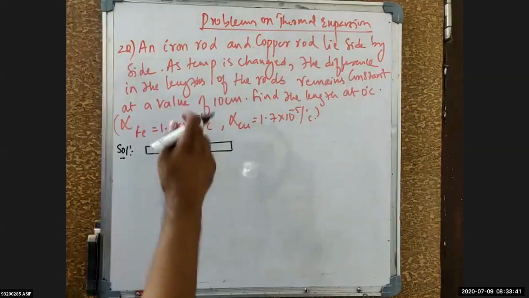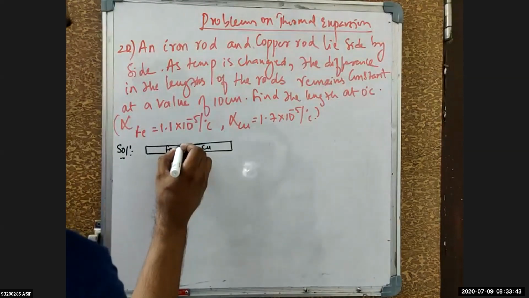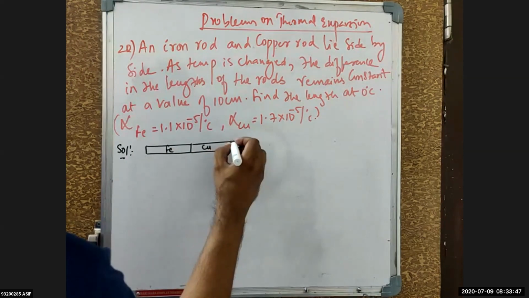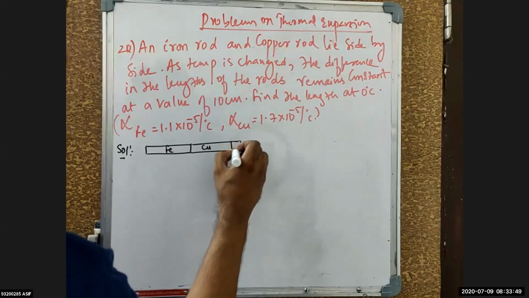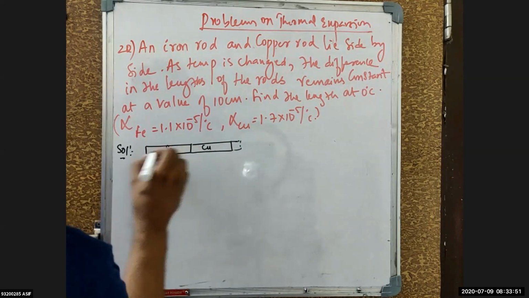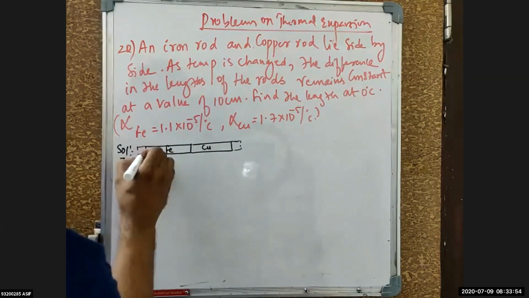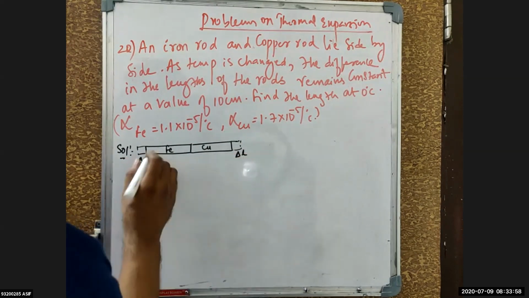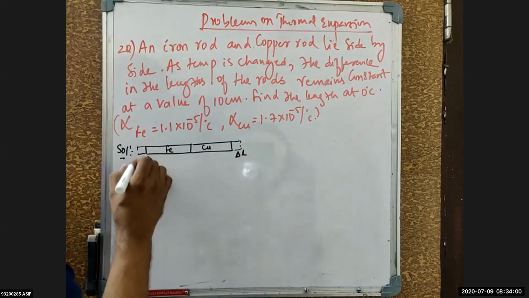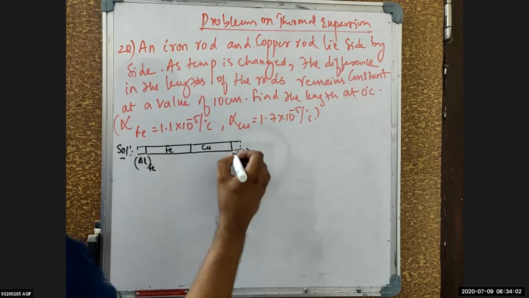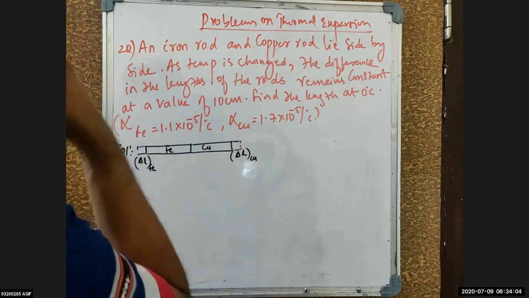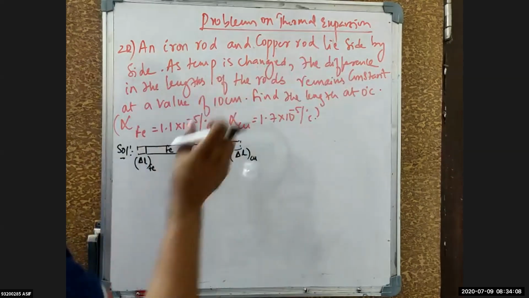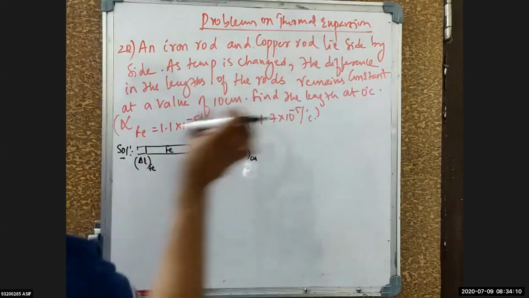That means expansion in the iron and expansion in the copper is the same. So delta L of iron expansion and delta L of copper are the same. That's what it is telling.